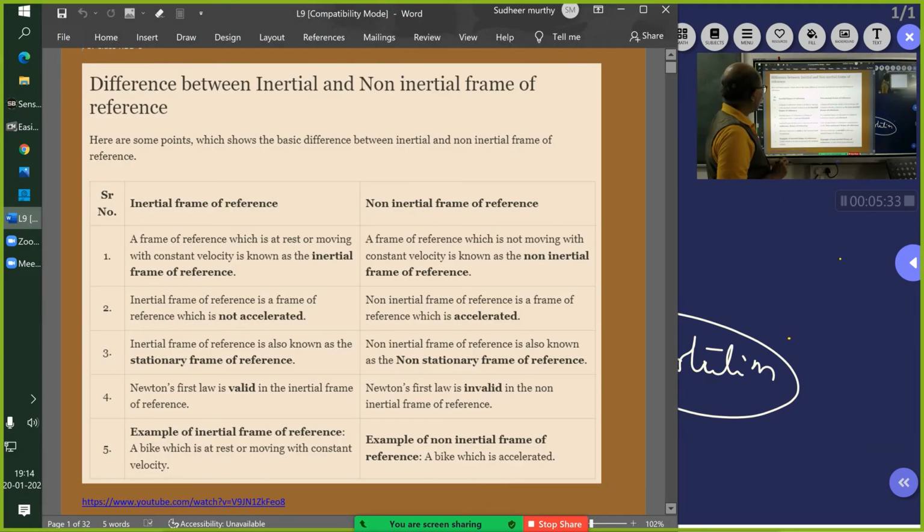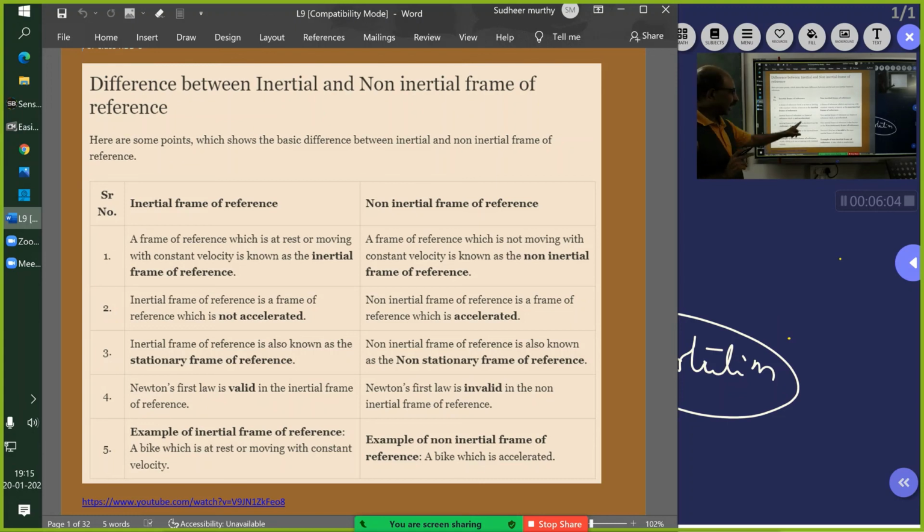I made this one difference between inertial and non-inertial frame because we are going to make use of this in our discussions. We already know all these differences; I have just put it like this. If you take a motorbike which is at rest or moving with constant velocity as a reference, then it is an inertial frame. If you take the bike as accelerating, then it becomes non-inertial.